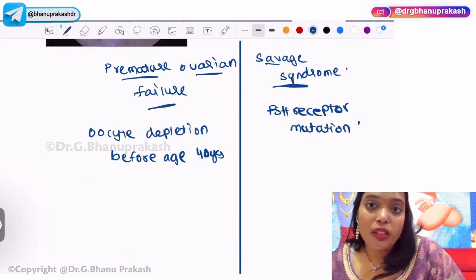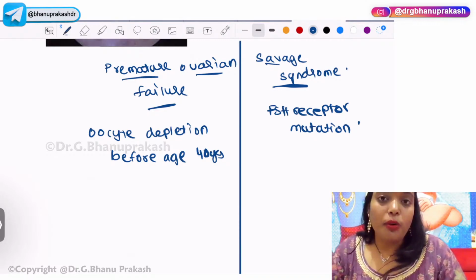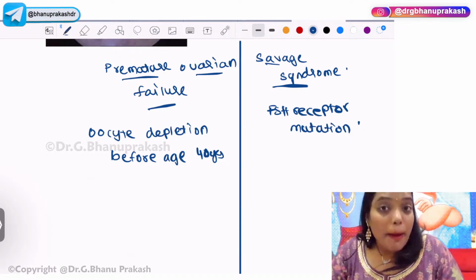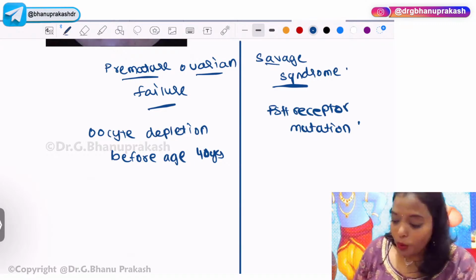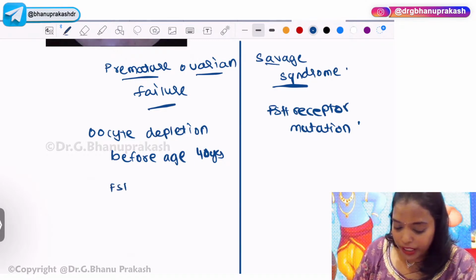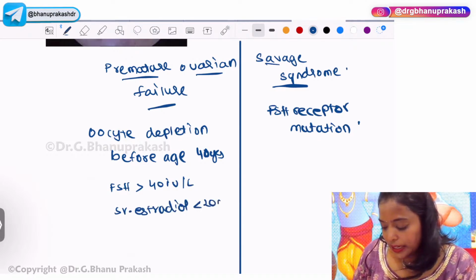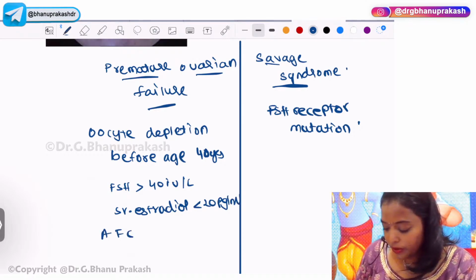You have many causes for premature ovarian failure. It can be genetic, that is Fragile X syndrome or Turner mosaic. It can be idiopathic, autoimmune destruction, or mumps oophoritis. Both are differentiated similarly. Both will have FSH more than 40. Both will have serum estradiol less than 20 picogram per ml. In premature ovarian failure, antral follicle count will be decreased.